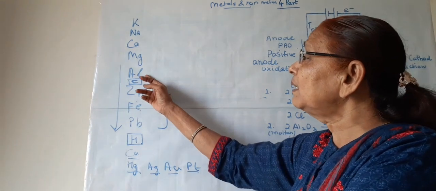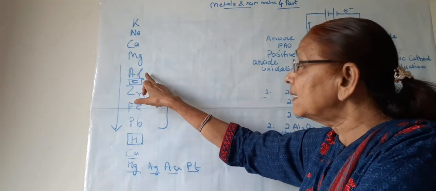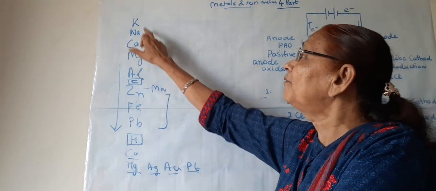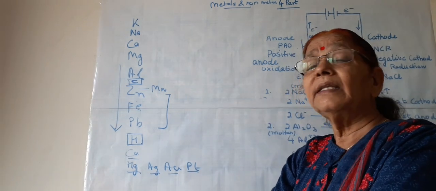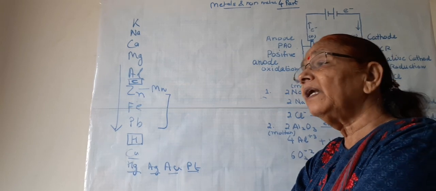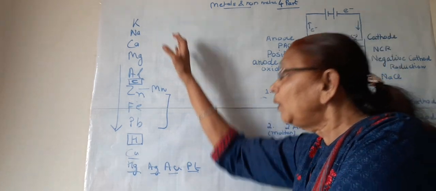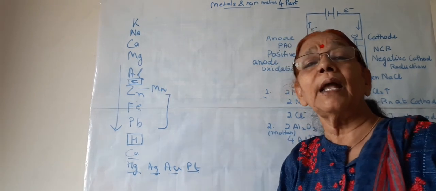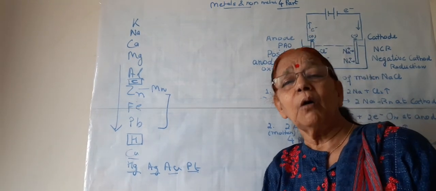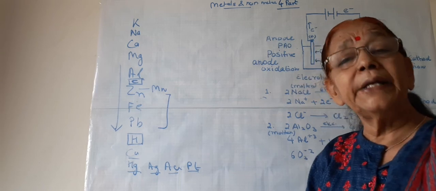So they are present in the form of oxides, as with aluminium, or they are present in the form of their chlorides. They are so reactive that they can only be extracted from their compounds by electrolysis or by electrolytic reduction.